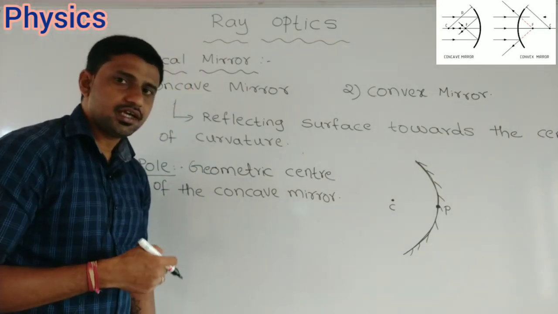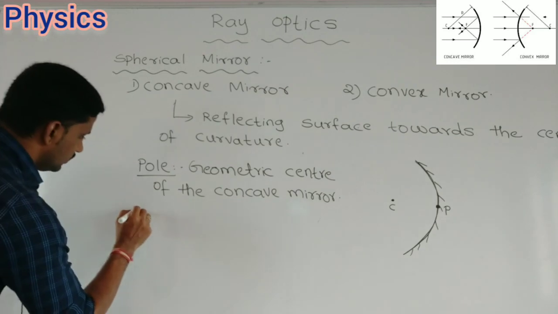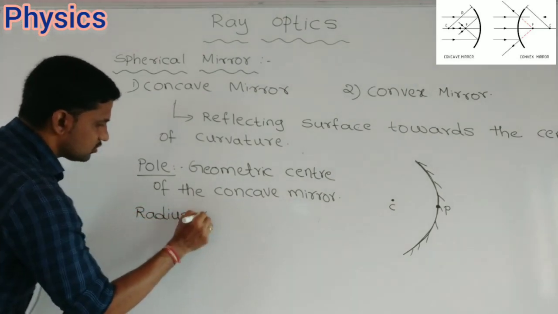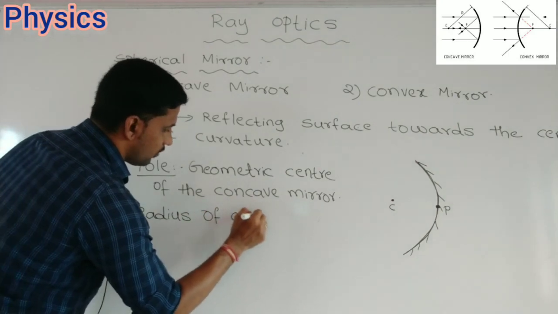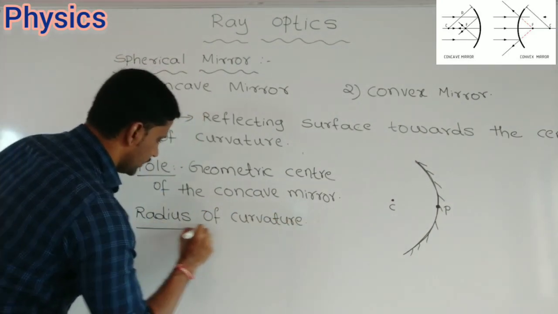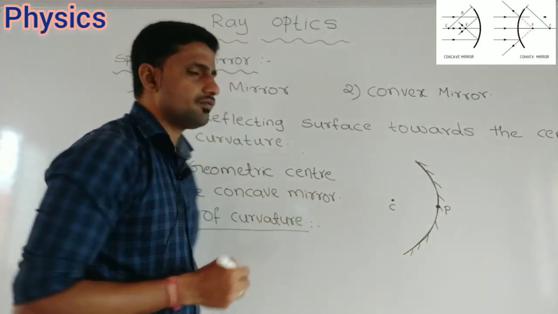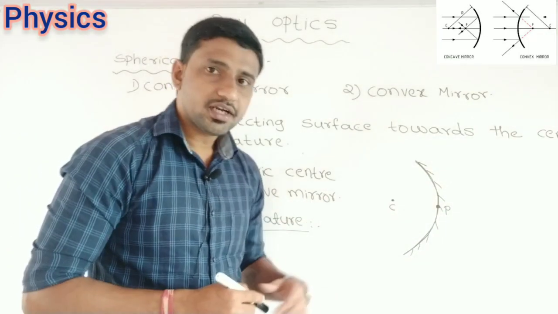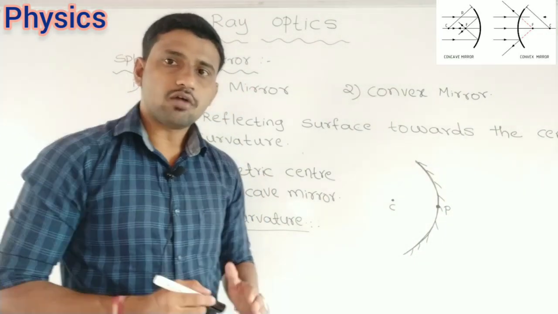And another term we are using here is the radius of curvature of a concave mirror. Then what do we mean by radius of curvature of a concave mirror? We know that the concave mirror is a part of the hollow sphere.